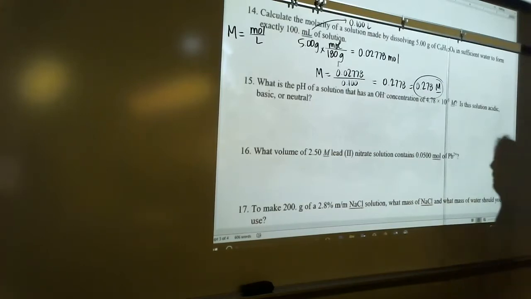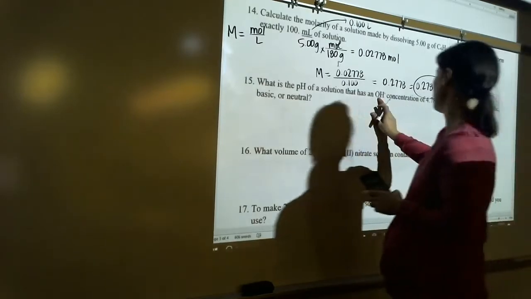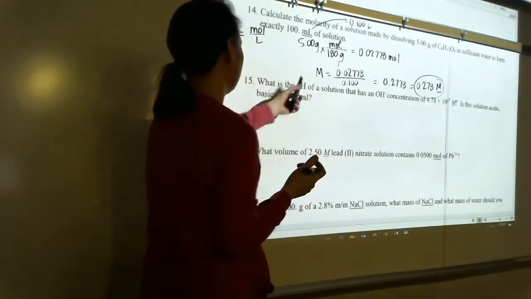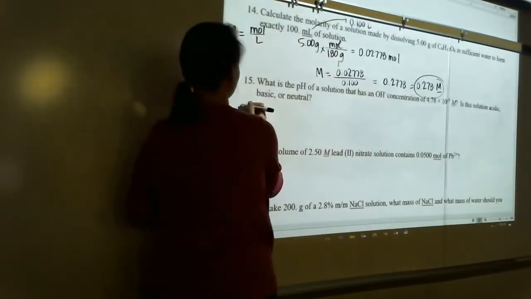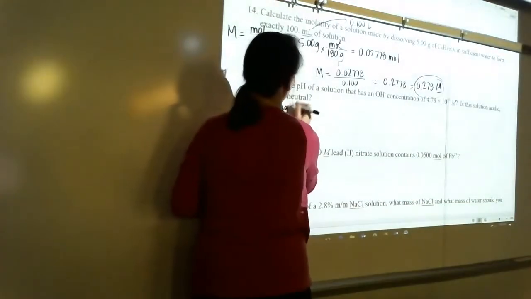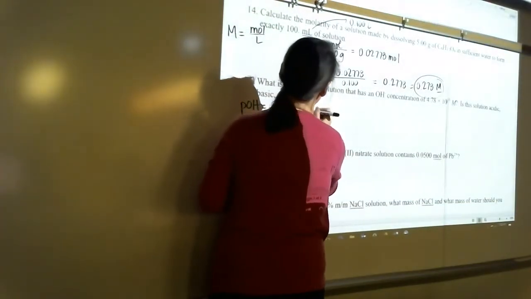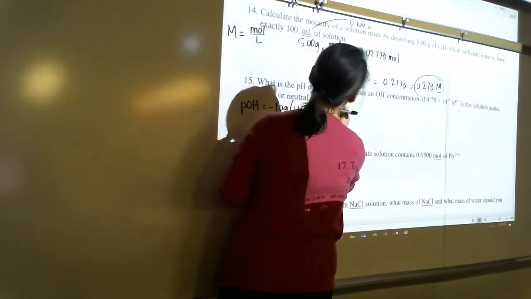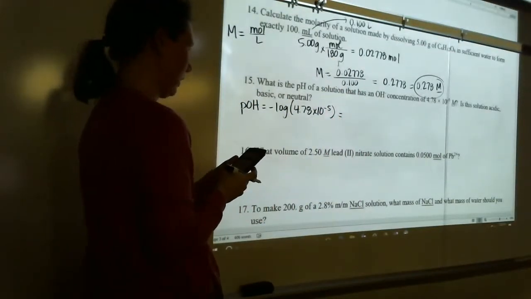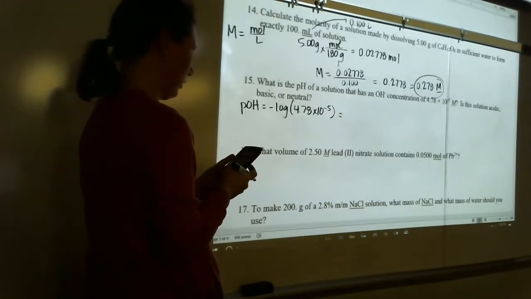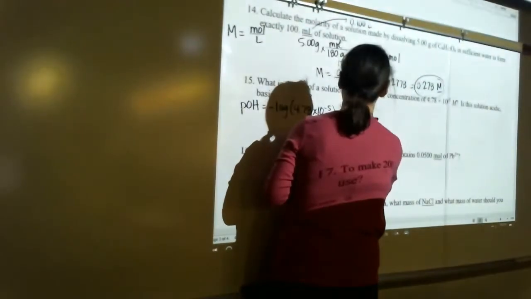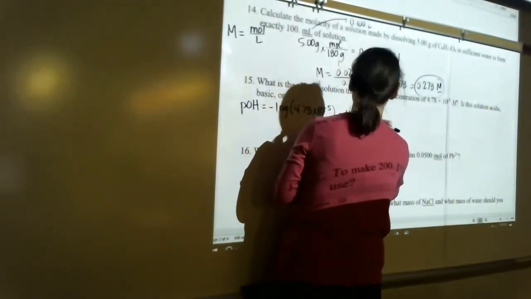Okay, OH minus is 4.78 times 10 to the negative fifth. So I want to turn that into pH, right? So I need to calculate pOH. So negative log of 4.78 times 10 to the negative fifth. Log of that is 4.32.